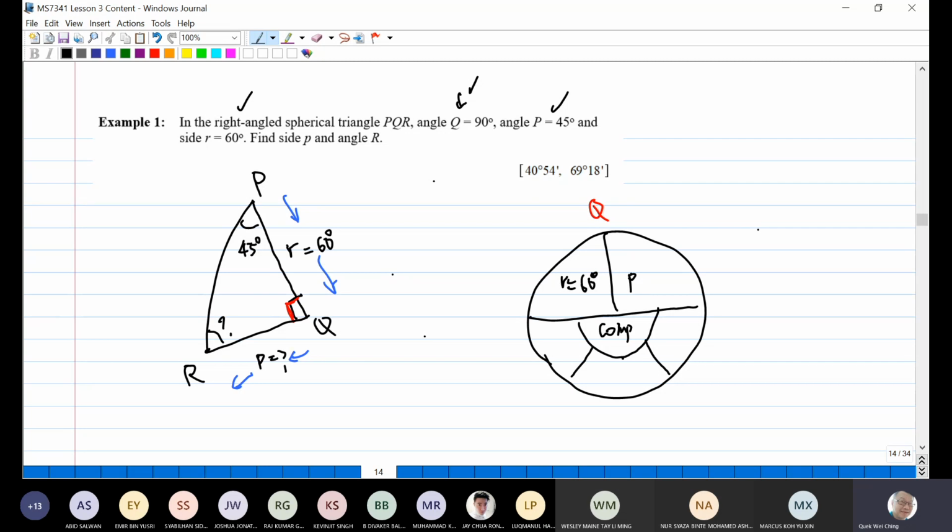After p, we encounter the angle R. After angle R, we continue to move. This is what now? Not angle Q, it's side q. Then afterward, we encounter the angle P, which is 45 degrees.